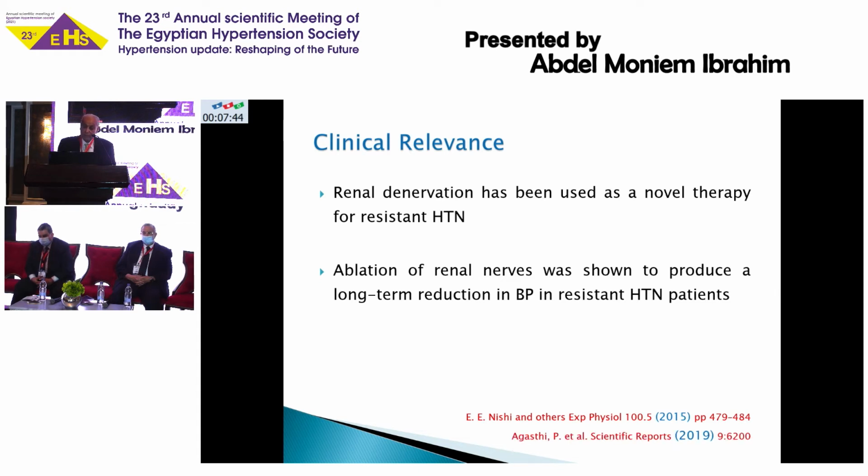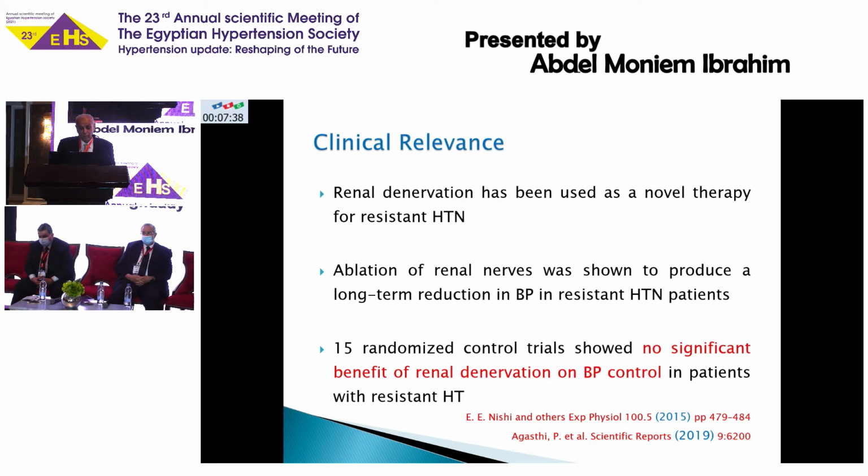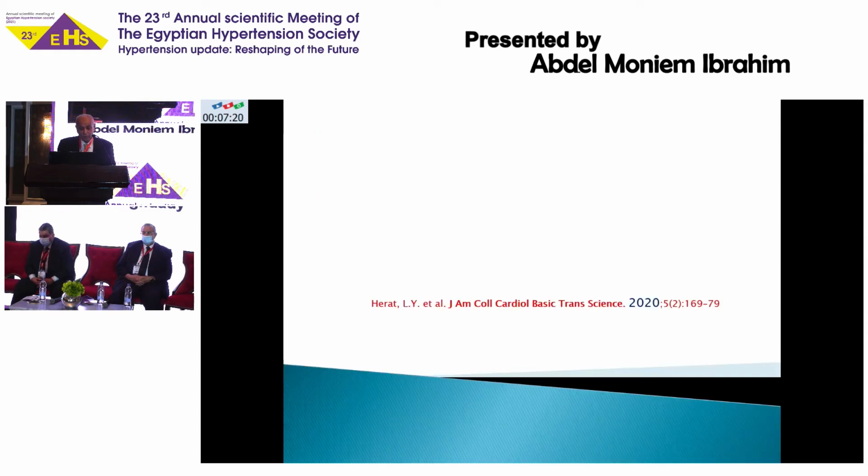In 2019, in Scientific Reports, 15 randomized controlled trials showed no significant benefit of renal denervation on blood pressure control in patients with resistant hypertension.